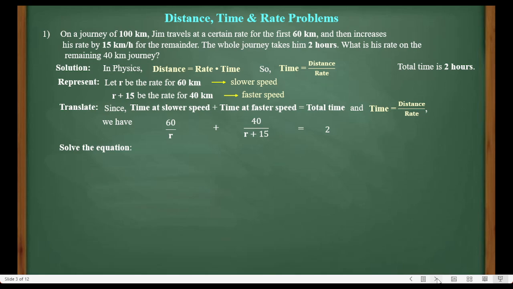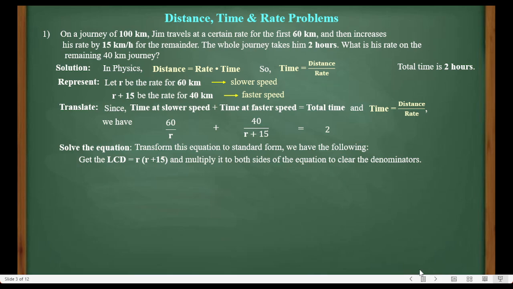For the next step, upon formulation of the equation, we're going to solve this. In order to do that, we need to transform this equation to standard form, and these are the following steps. First, we determine the LCD of these two denominators.